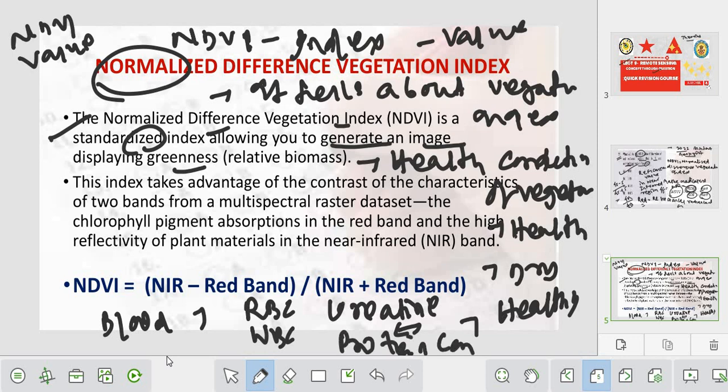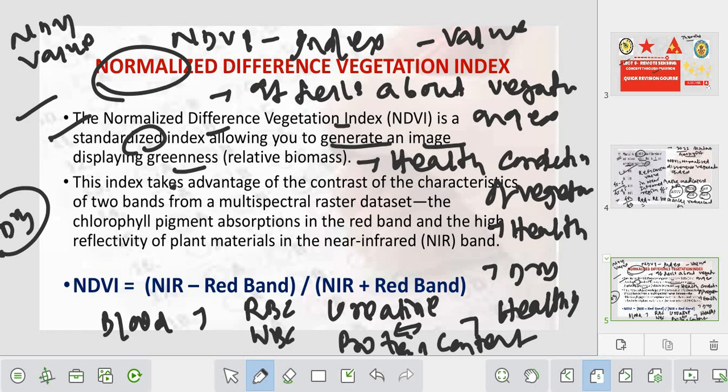That is the exact meaning of the value. In the same manner, if you calculate NDVI, you will know whether the vegetation is good or bad, whether it is healthy vegetation or typically in dry condition.